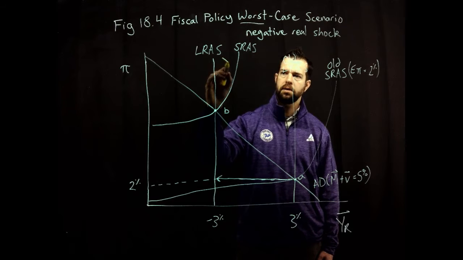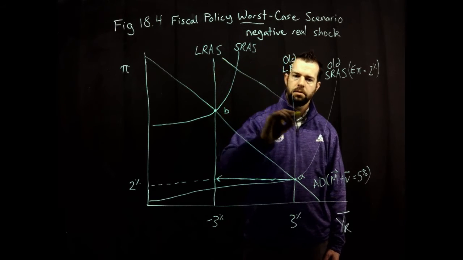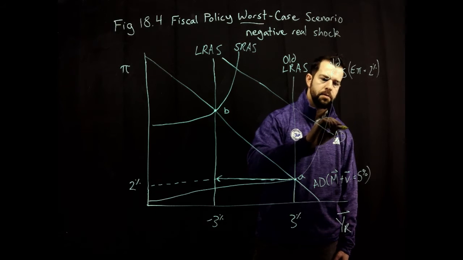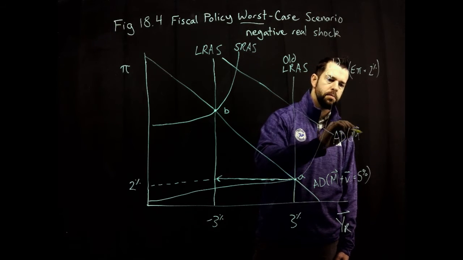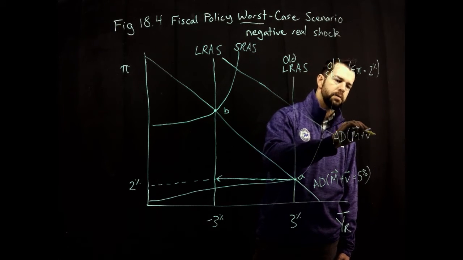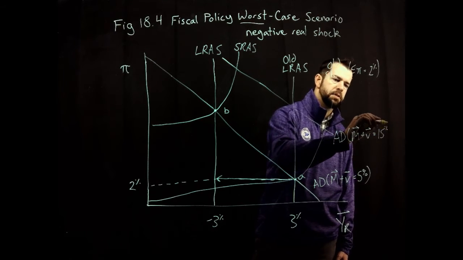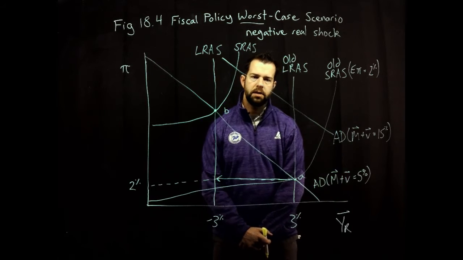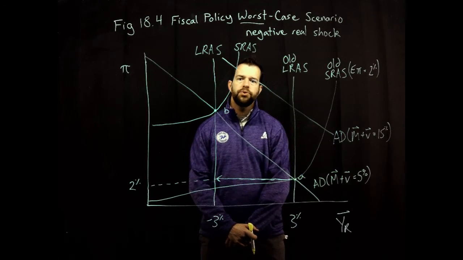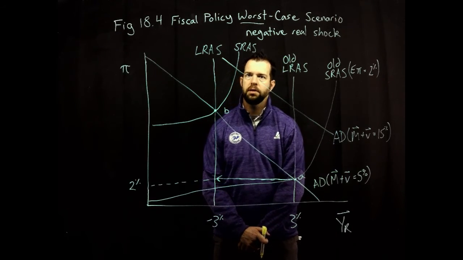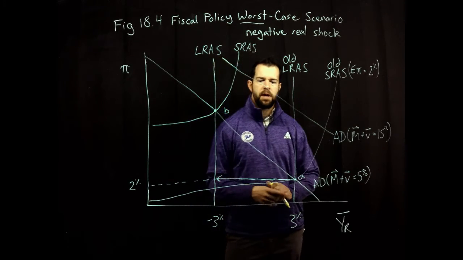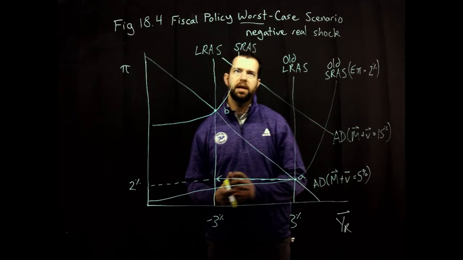So we're going to put it out here. And our new aggregate demand, M plus B equals 15%. Okay. All right, so where's that going to put us here? Well, we're in a short-run macroeconomic equilibrium, and we haven't recovered from that negative real shock.